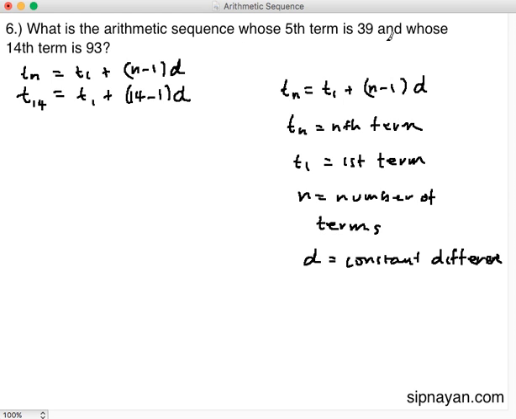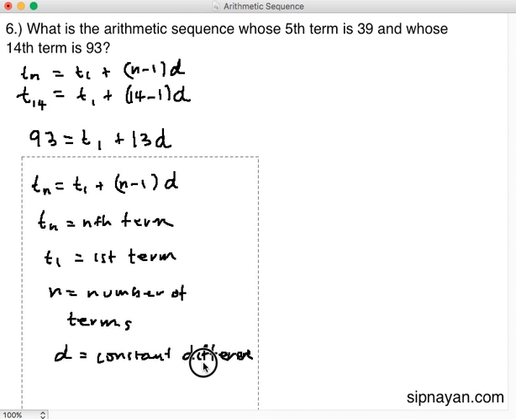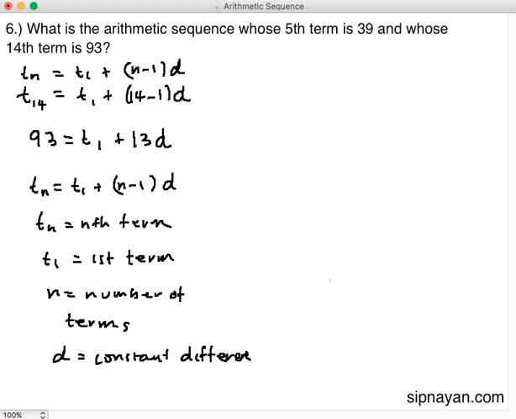So, wala tayong given na constant difference, no? Ang given na natin is t sub 14, which is 93. So, 93 equals t sub 1 plus, this is 13d. And yung isa naman natin, ang fifth term natin, of course, ay t sub 5, which is equal to t sub 1 plus 5 minus 1.